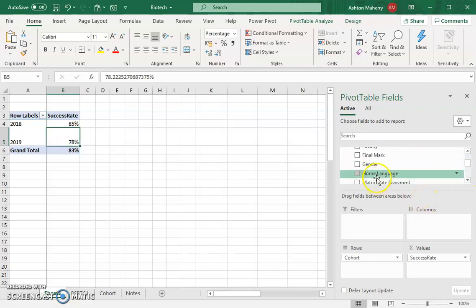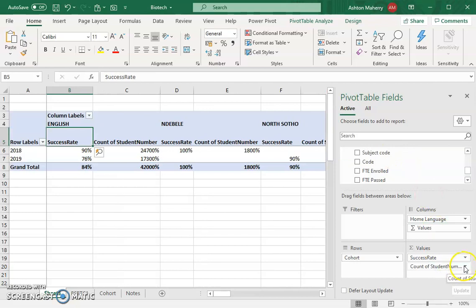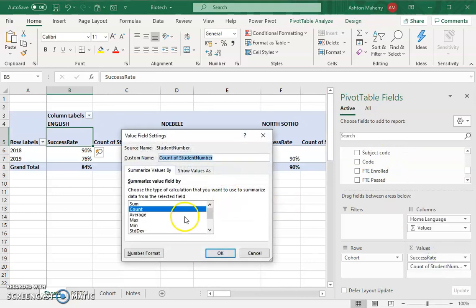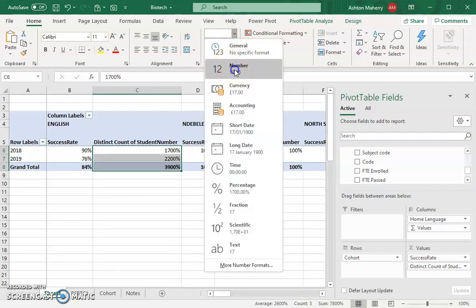Lots to look at. You could even have a look at the home language. And again, what is very good with this is always just to keep in mind the number of students that you're dealing with. And these should be numbers.